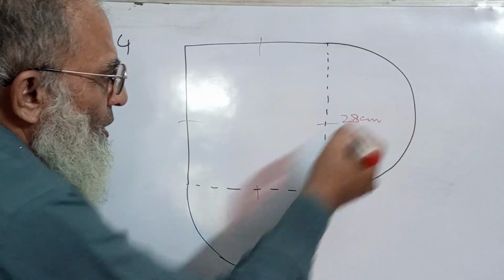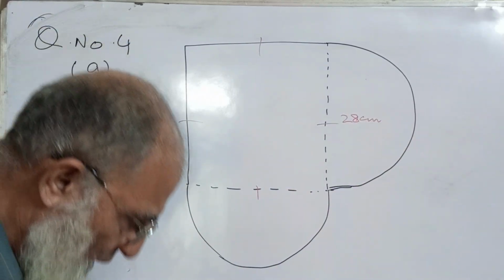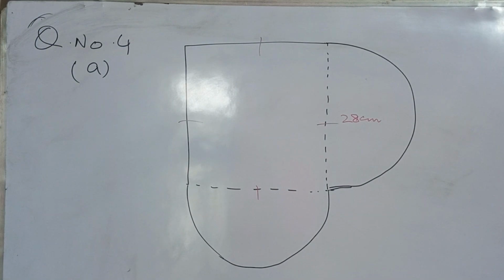Okay, now this is the whole story, and what we have to find is perimeter and area, both things. Okay, very easy. It is very easy.